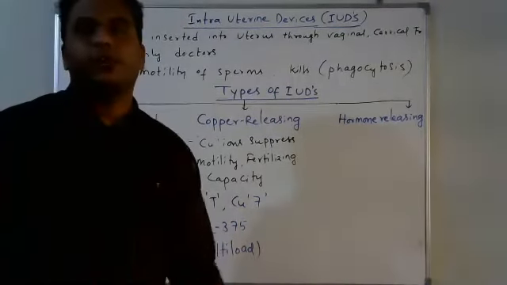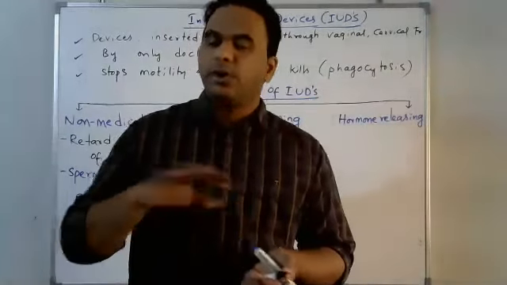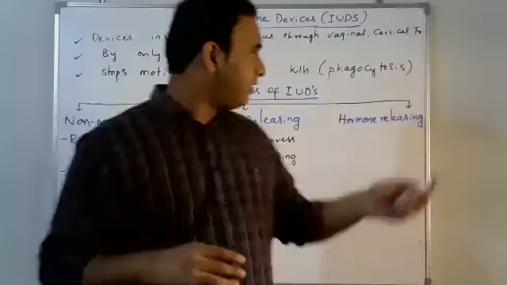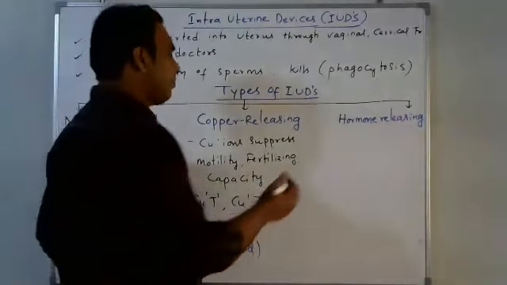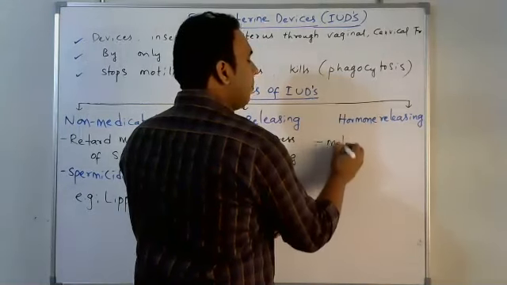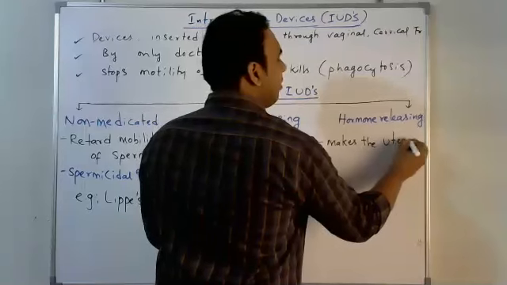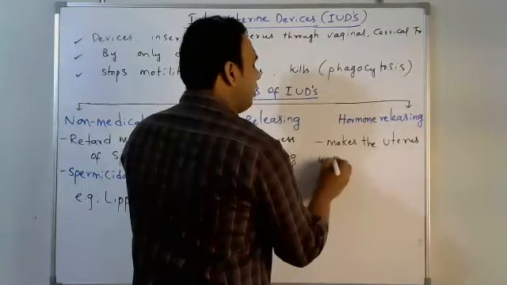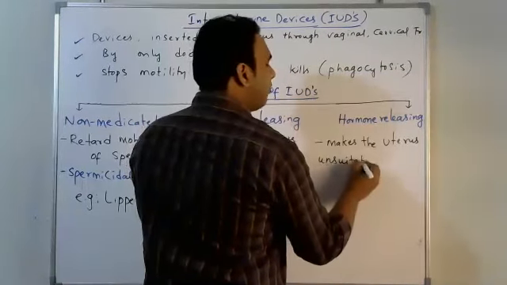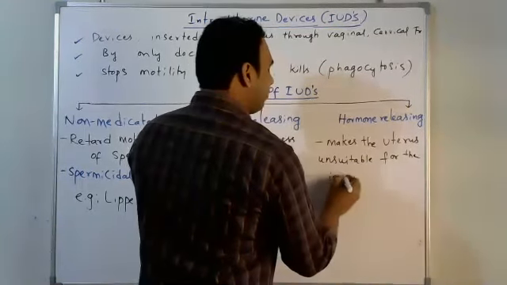Now coming to hormone releasing IUDs, they make the uterus unsuitable for the implantation process.